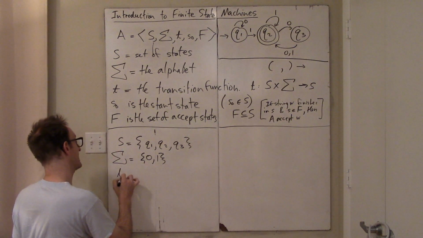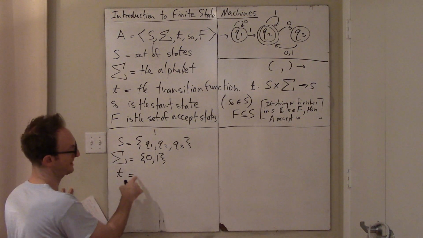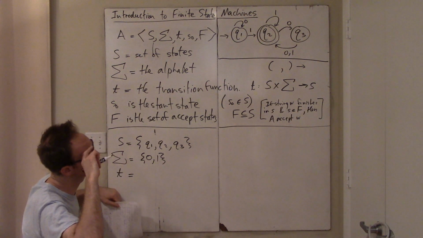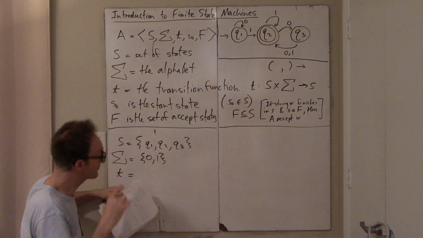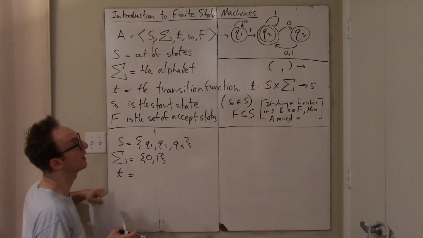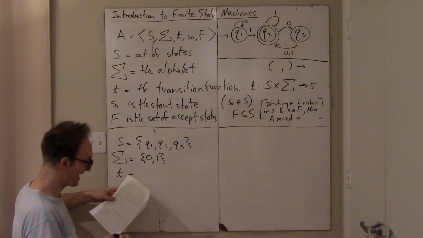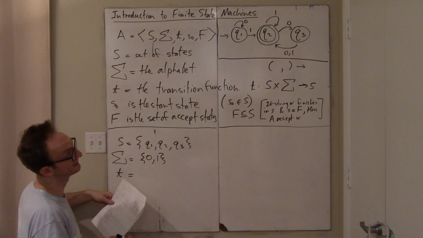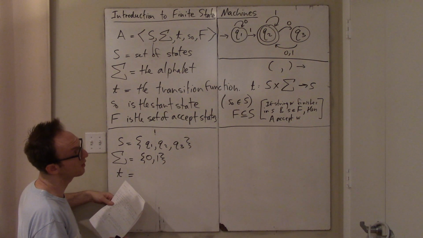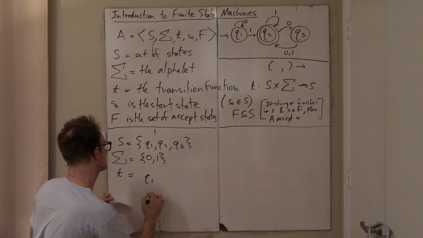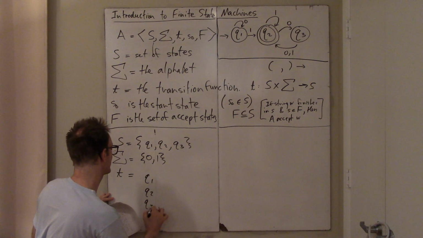Okay, and this is maybe best explained now: what is T? T is the transition function. This transition function tells me what to do for every single state that I am in and every single one of my characters. The convenient thing to do is to organize this into some kind of table.